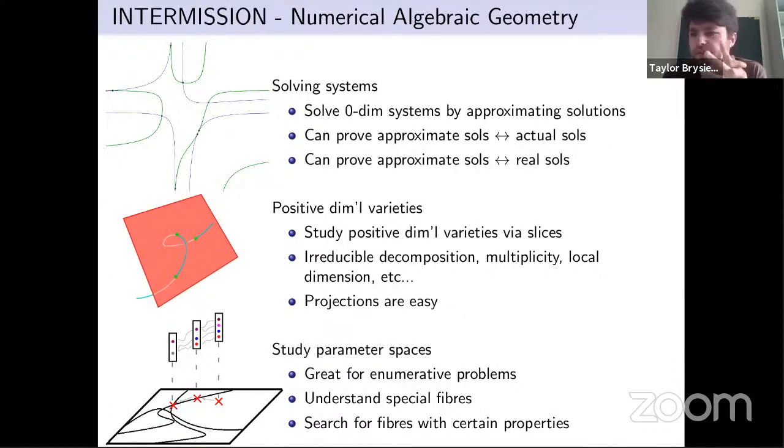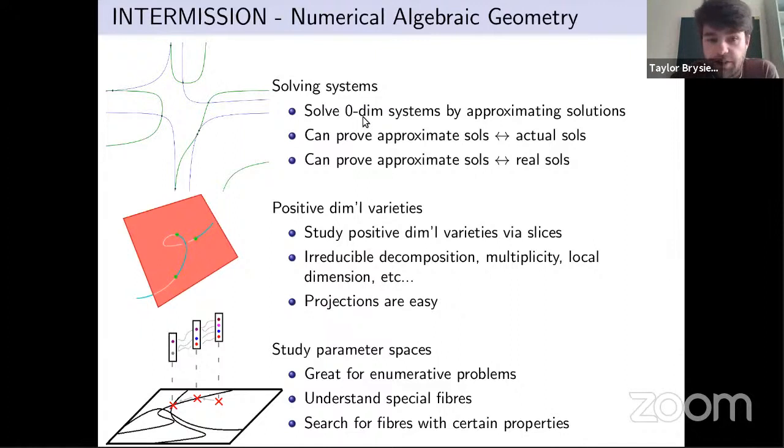How do you know if you've found them all? How do you know if they're right? And there are certification methods which can prove that your approximate solution corresponds to an actual solution. So a rigorous proof of this numerical calculation. And you can also rigorously prove when one of your approximate solutions corresponds to a true real solution. Okay, so this is all about certification methods, which I talk about a little bit at the end.